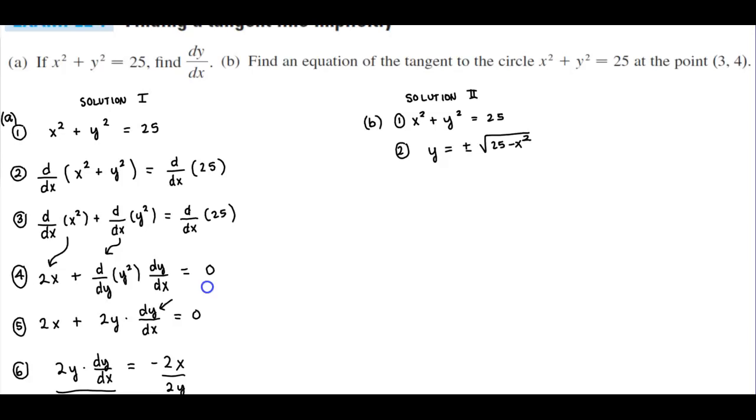Now, if we take a look at the point 3, 4 and graph it, is it going to be in the upper part of the circle or the lower part of the circle?